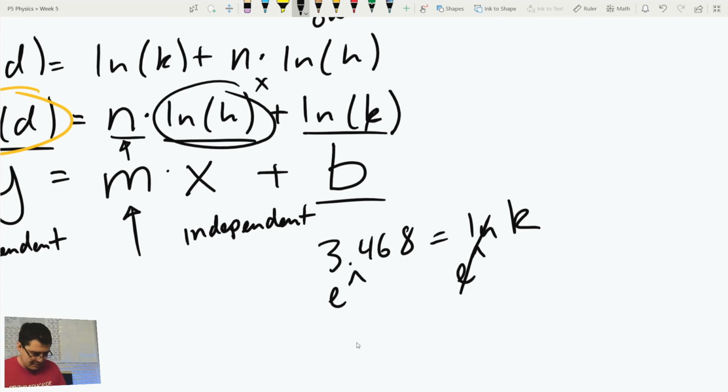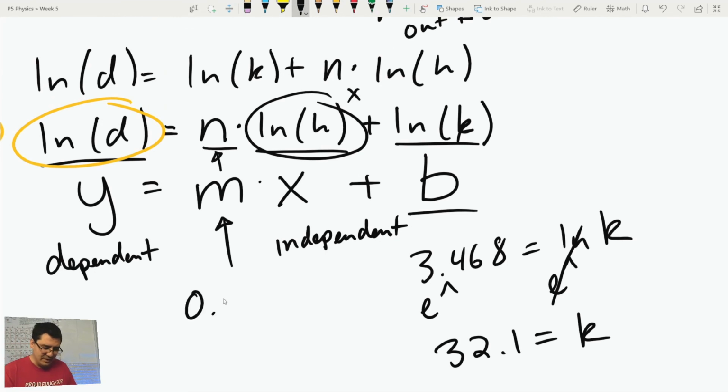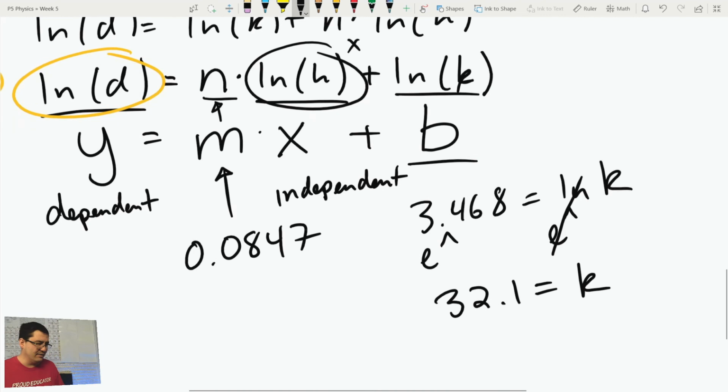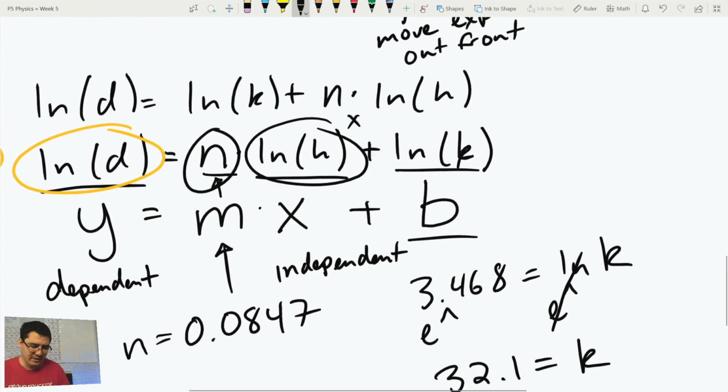That comes out to 32.1. That's my k value. And then the slope of this one came out to 0.0847, I think. So I know n is 0.0847, and I know k is 32.1.